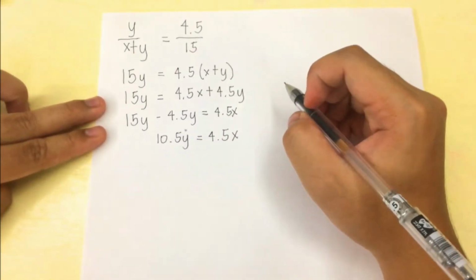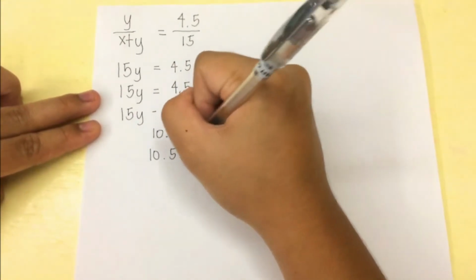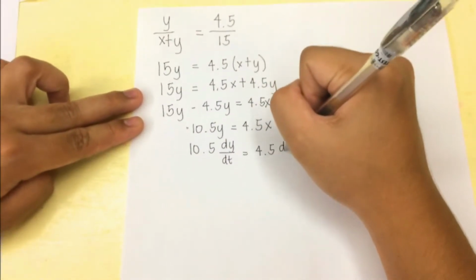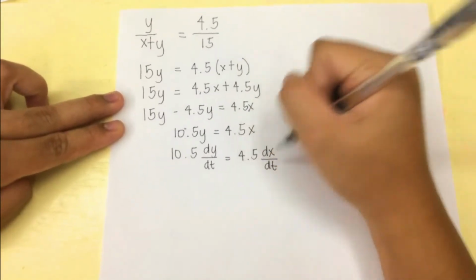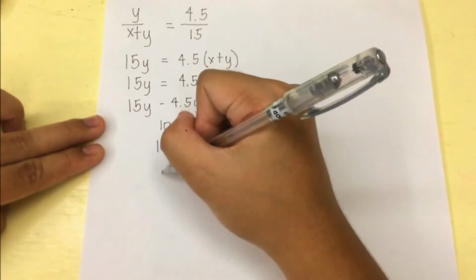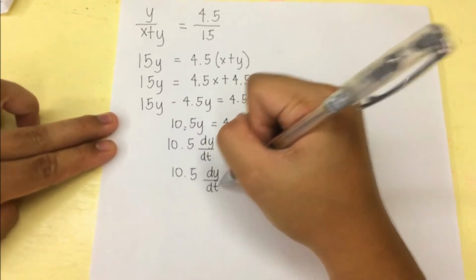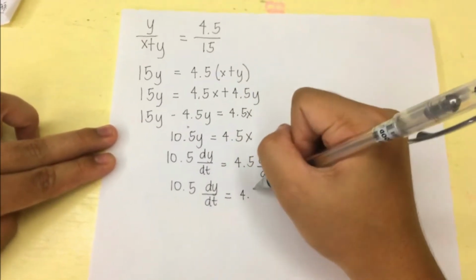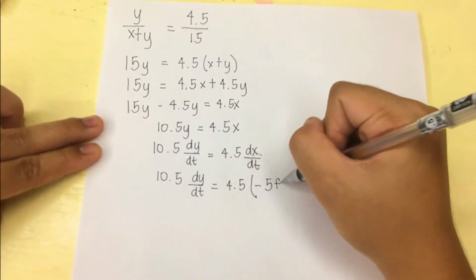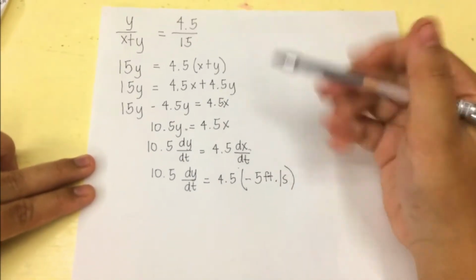Once you get to this part, you have to perform implicit differentiation. So 10.5 times dy/dt is equal to 4.5 dx/dt. Since dx/dt is already given, you just have to copy 10.5 dy/dt, which is our unknown, is equal to 4.5, and then substitute the value, which is negative 5 feet per second. Then multiply.